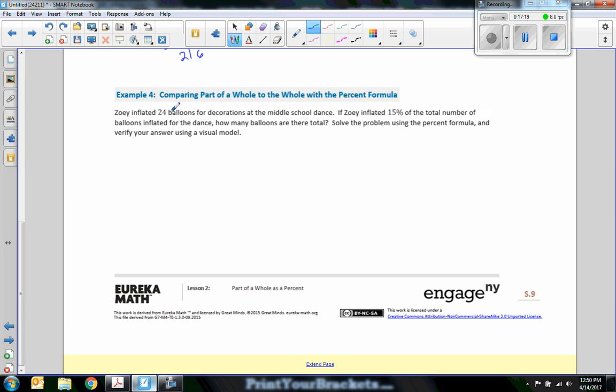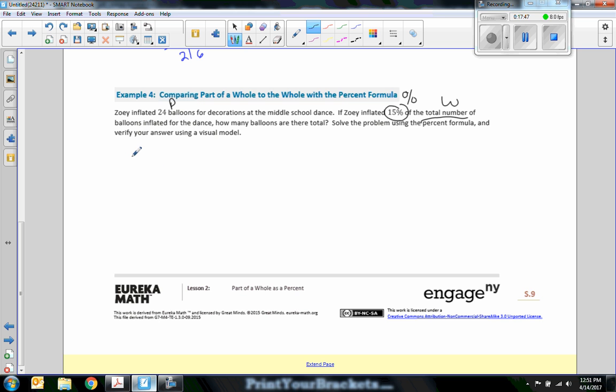Okay, example 4. Zoe inflated 24 balloons for decorations at a middle school dance. If she inflated 15% of the total, so this is the part, 15% is the percent, the total is what we don't know. How many balloons are there total? Solve the problem using the percent formula and verify your answer using a visual model.